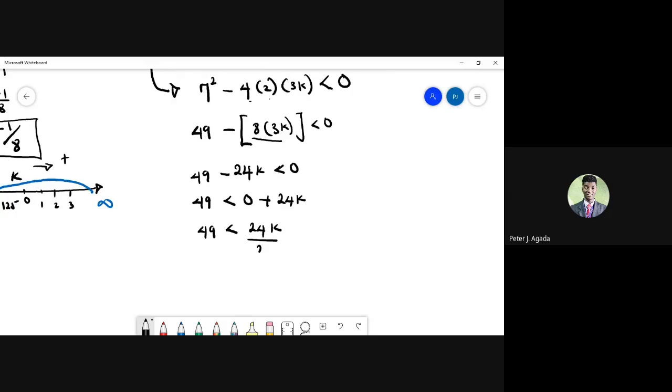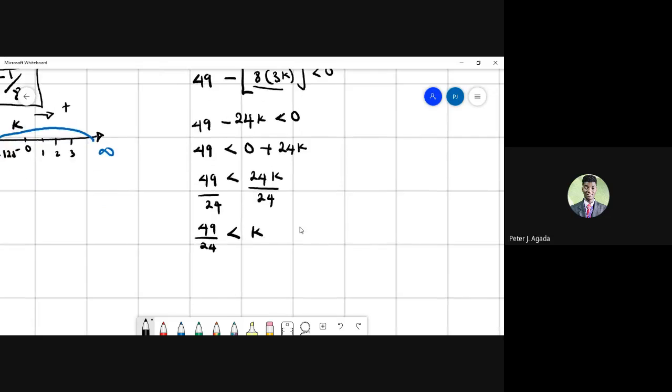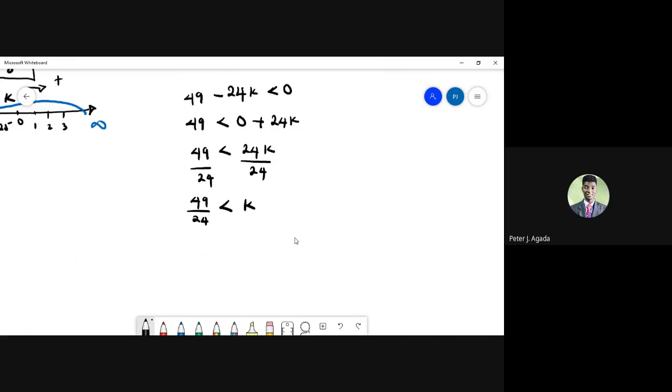Let's divide both sides by 24. So 49 over 24 is less than k. Anything greater than 49 over 24 is k, so we can rewrite this as k should be greater than 49 over 24.